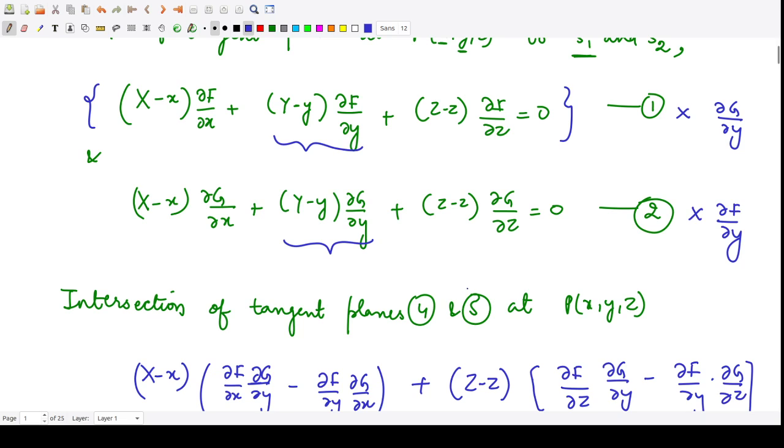Similarly, when you eliminate this factor, you have another expression, and when you eliminate this particular expression, you have another factor.